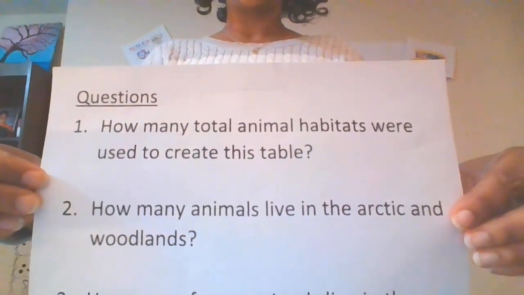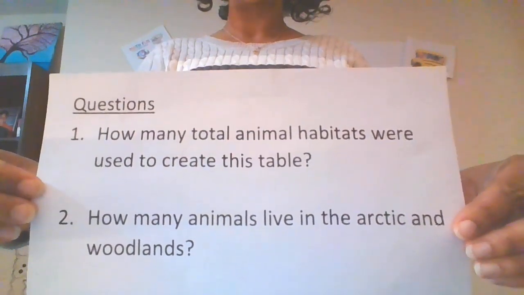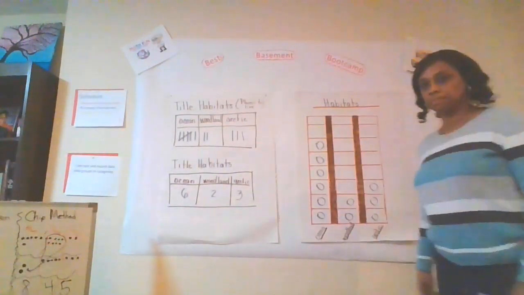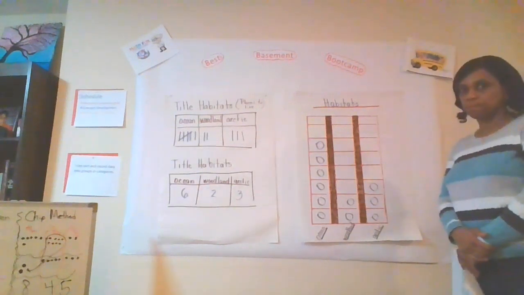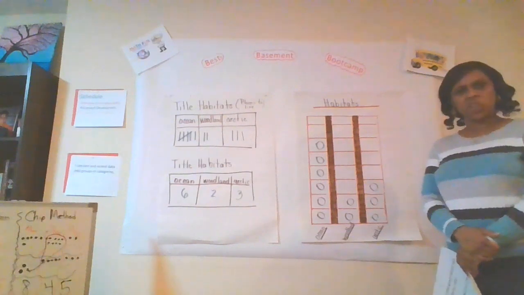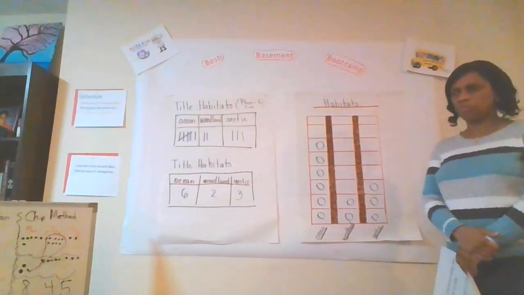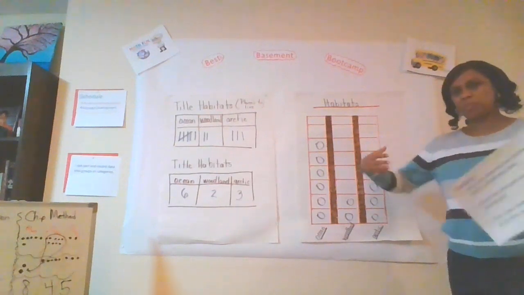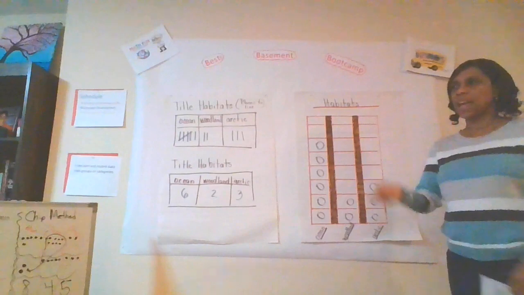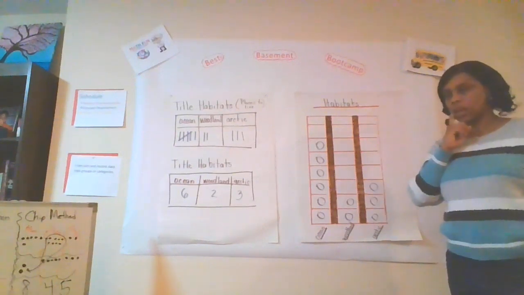How many animals live in the Arctic and woodlands? Well, that question had that word and. When I hear the word and, I know I'm putting something together. So that means I must have to add.